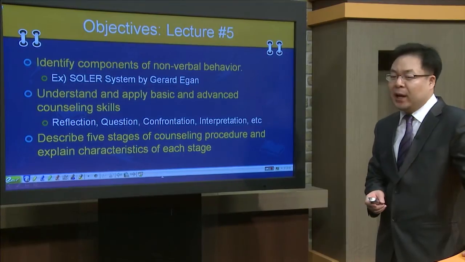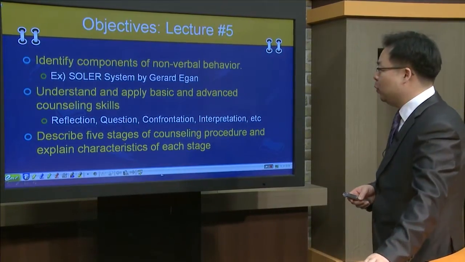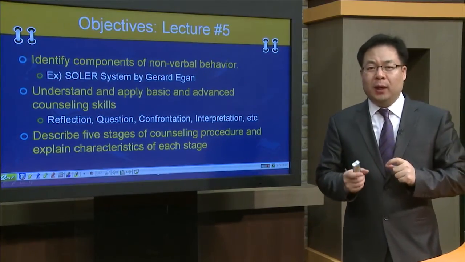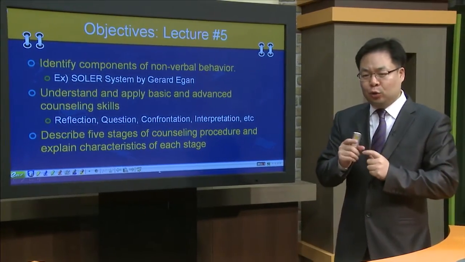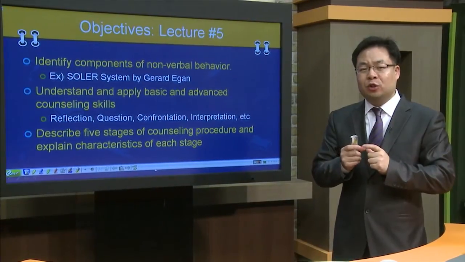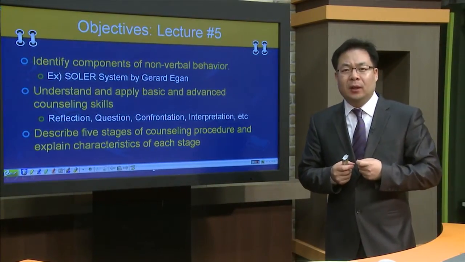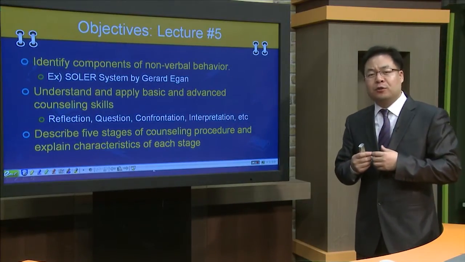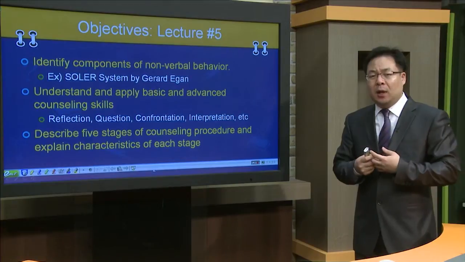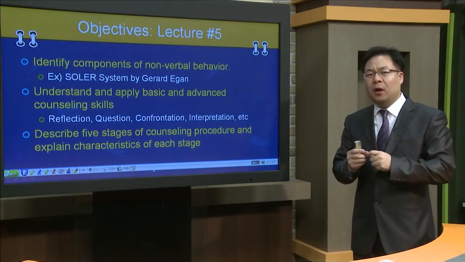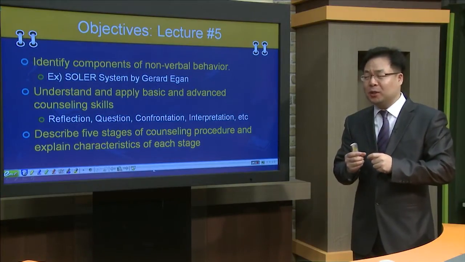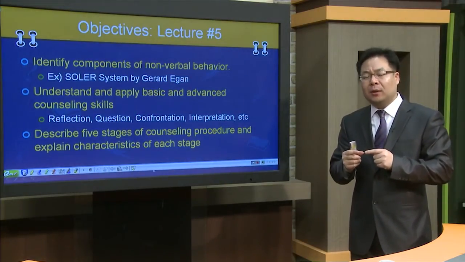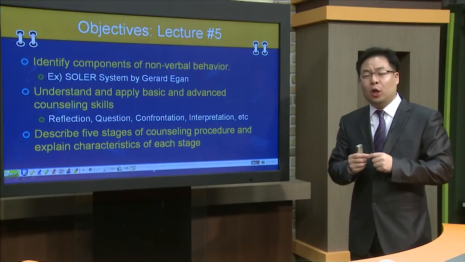The first one is to identify components of nonverbal behavior. When we communicate with a client, we have 2 different ways of exchanging our thoughts and feelings. The first one is verbal communication, by speaking, by using language. However, the other component of communication, nonverbal behavior, actually is more dominant than verbal communication.